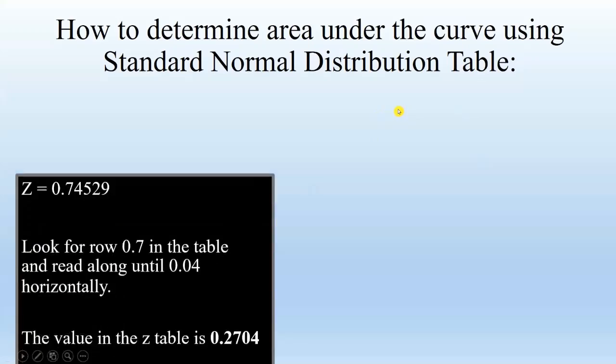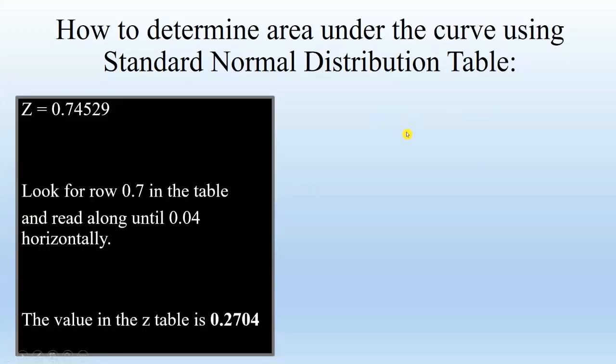So let's say, for example, I calculate a z-score and the score is 0.74529. And I want to determine the area inside the normal curve corresponding to this value. So how to do that? What we have to do is focus on the first 3 numbers of the z-score here, and the first 3 numbers over here are 0, 7 and 4.